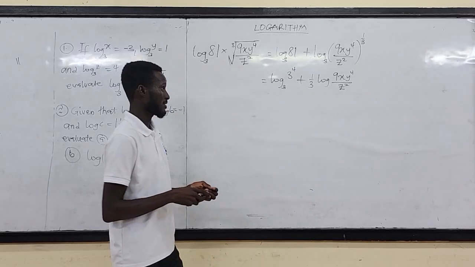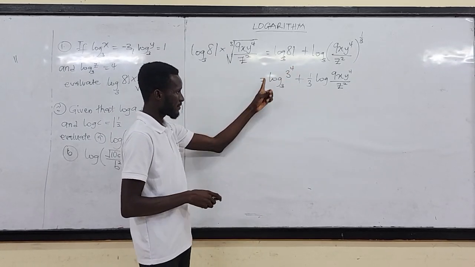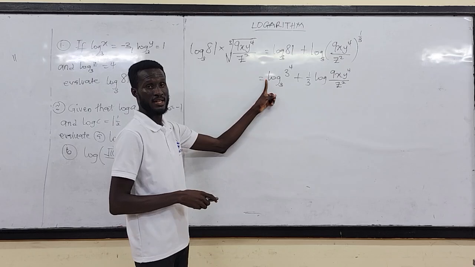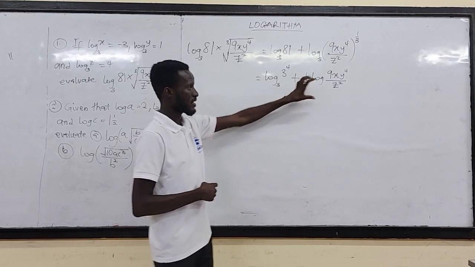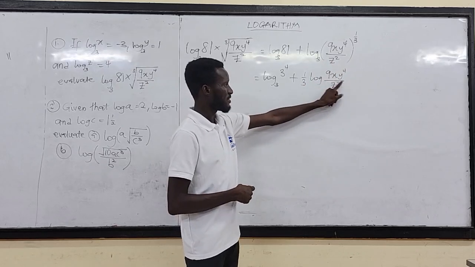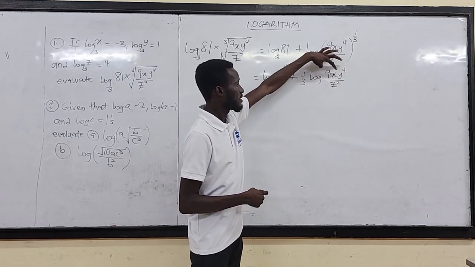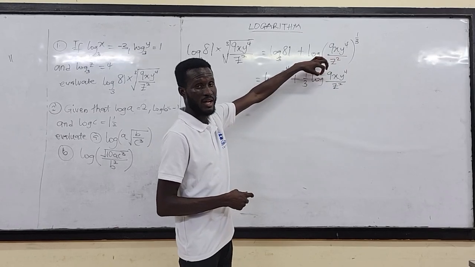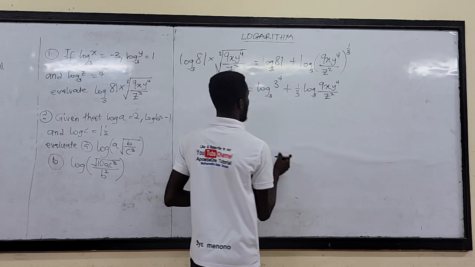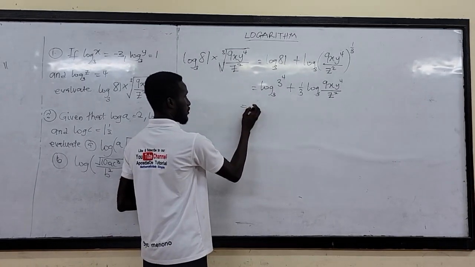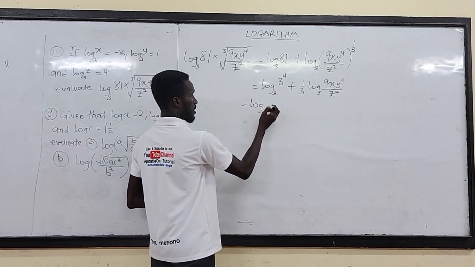Now look at what I'm doing here. I bring this one to the front of the log. Then I'm going to expand this. Don't forget that division means subtraction, and multiplication means addition.